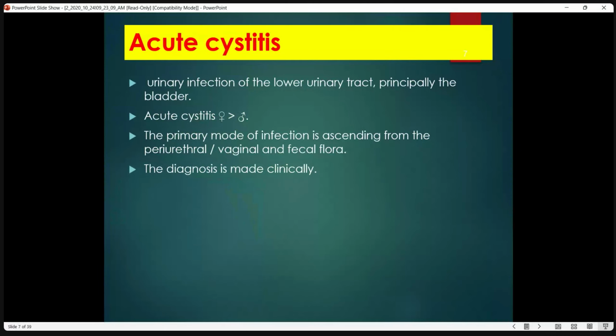So discharge is one of the clinical indicators of urinary tract infections.